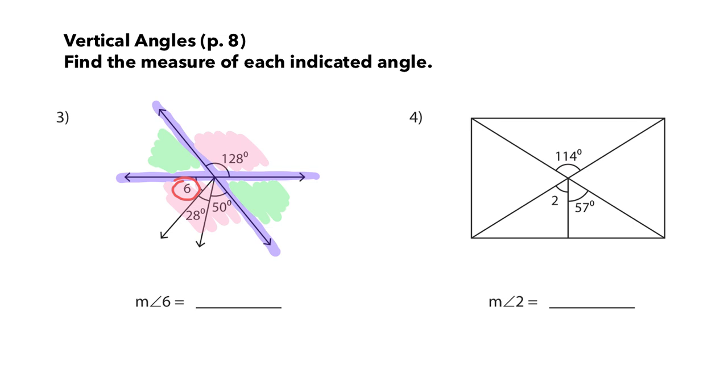It's very similar to the last question you just did. If you need to think in terms of variables, that would be your x. Your x plus your 28 plus your 50 has to equal back to the 128. If I put the pink back together, it has to equal 128.